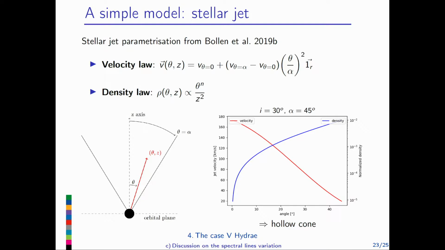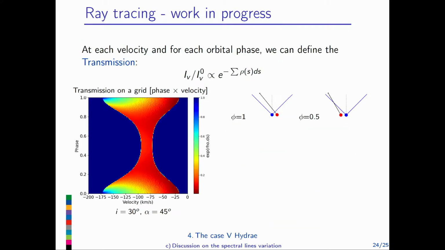So with that kind of law, if we give the two laws, velocity and density, to each point in the jet cone and to each point in the line of sight that goes through the jet, we can compute the velocity and the density. That's quite useful if we want to reproduce the transmission through the jet at all orbital phases.